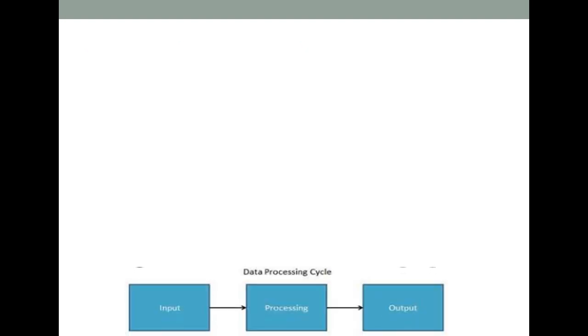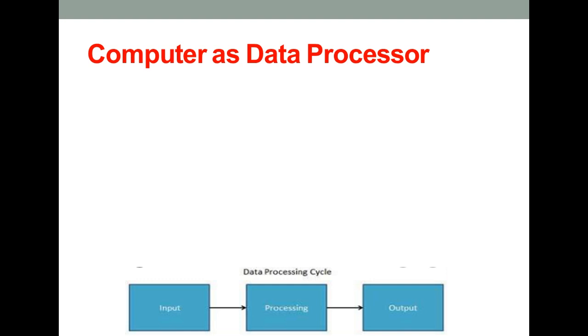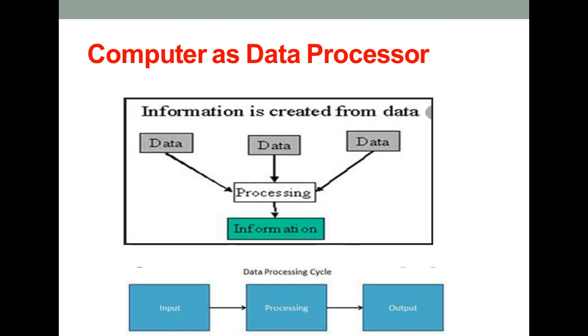Then, the data processing cycle of a computer, that means how the computer works as a data processor. As information is created from the data, first of all we need the data. Data can be in any form, so we can provide the data in any form to the computer, and after the processing part the information will be generated.